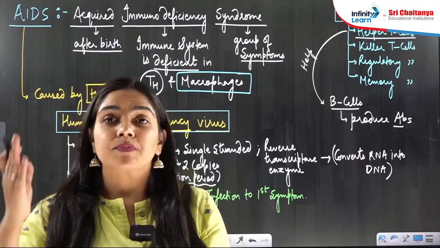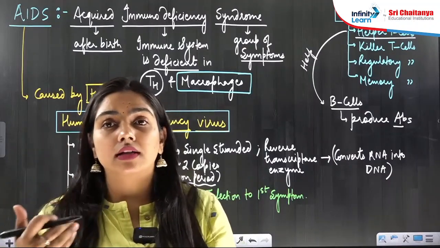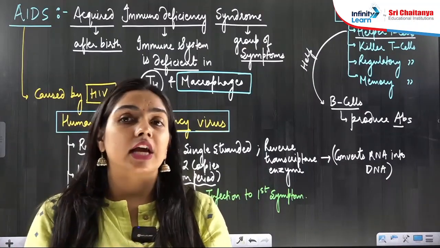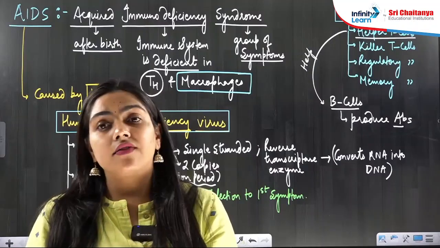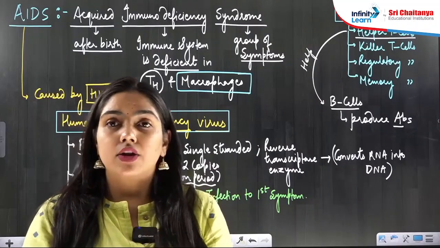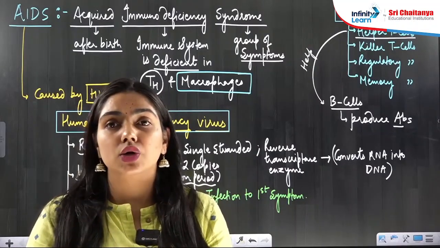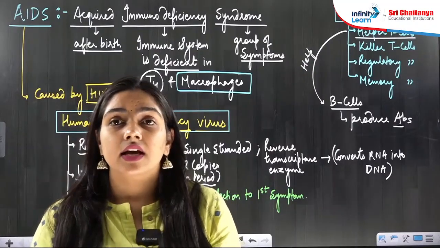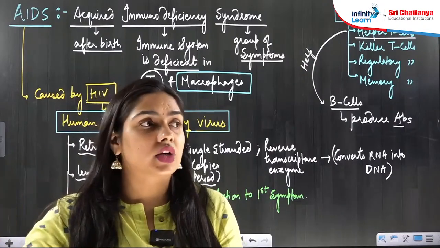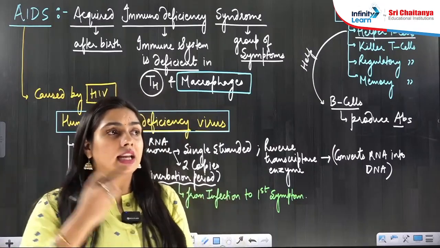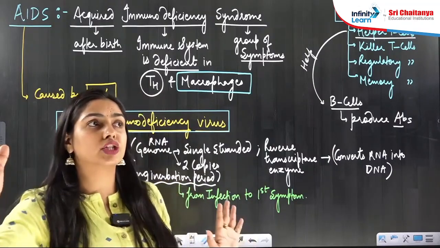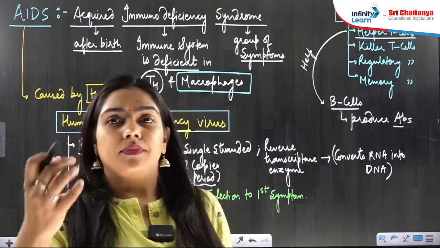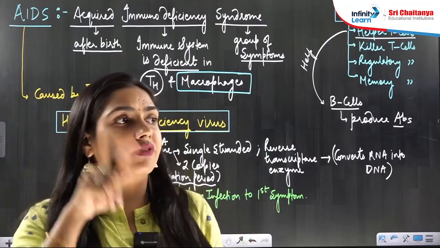If somebody asks about other features, you can say HIV is a retrovirus, meaning it has an RNA genome with reverse transcriptase activity; a lentivirus, meaning long incubation period; and an enveloped virus, meaning it has an envelope.